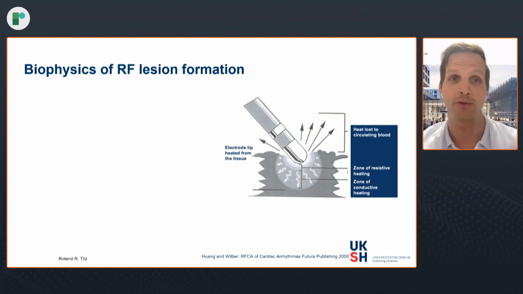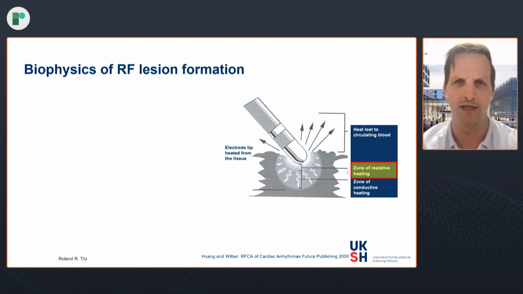So I would like to start with the biophysics of RF lesion formation. Whenever we apply RF current, we lose a lot of energy into the circulating blood. In the tissue, there is always a zone of resistive heating, and the resistive heating is the controllable heating. It's homogeneous and durable lesion.